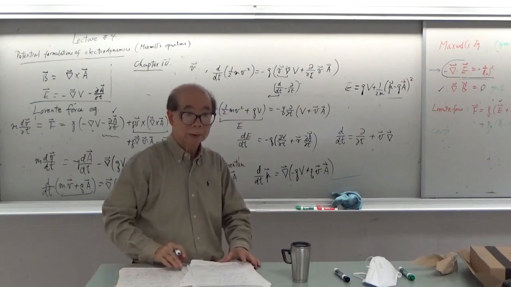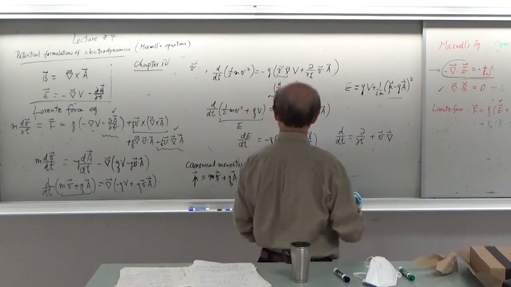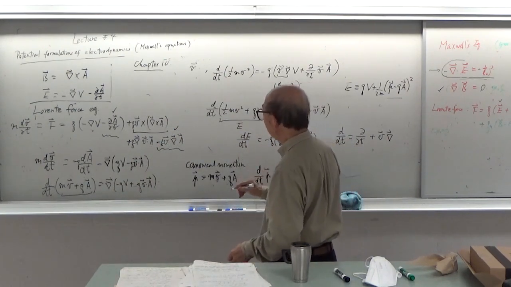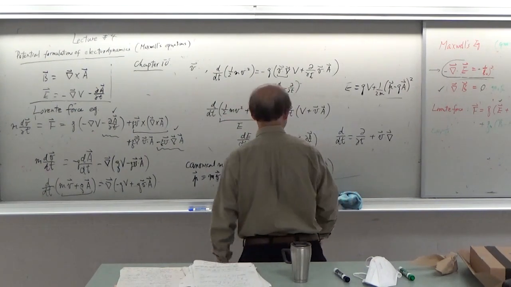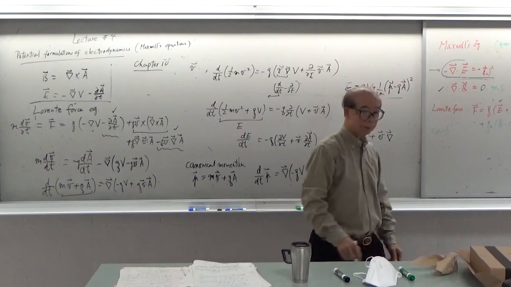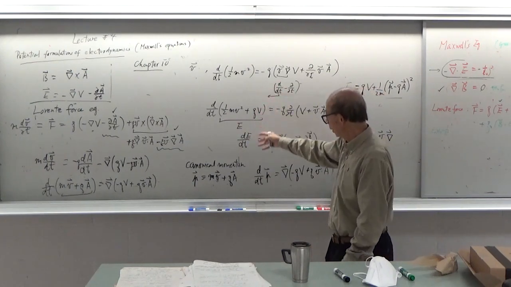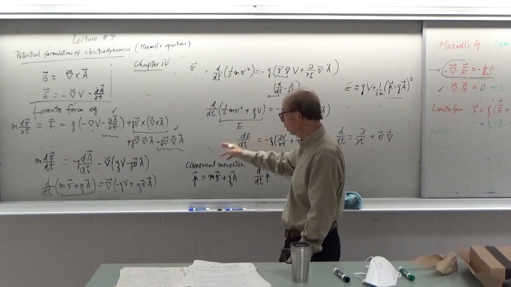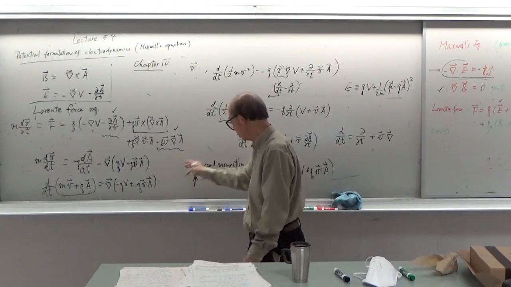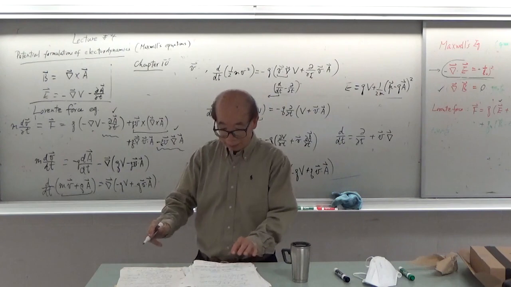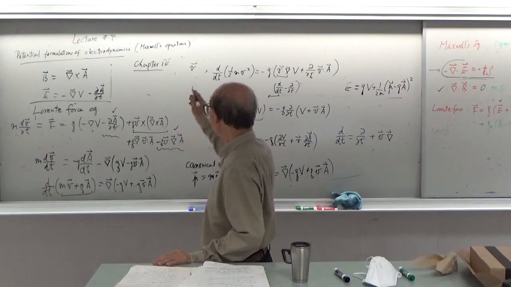All right. So much for the discussion of potential formulations of the Lorentz force law and the equations for energy and canonical momentum put in terms of the potentials explicitly. So this is chapter 10.